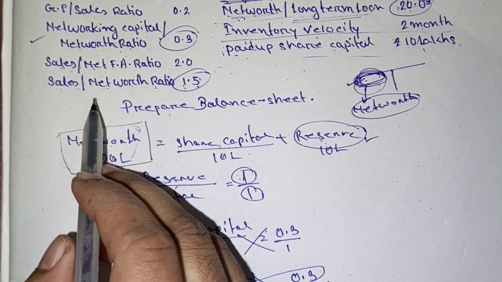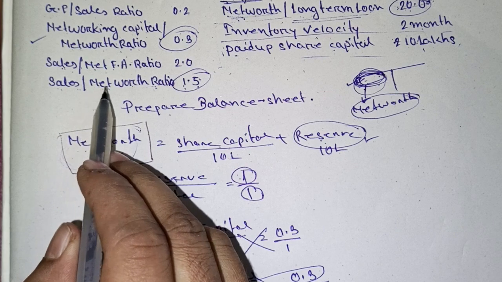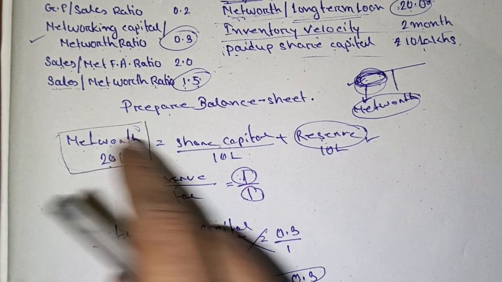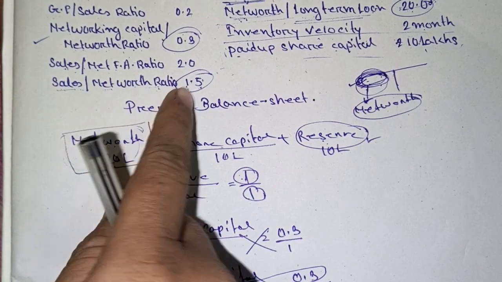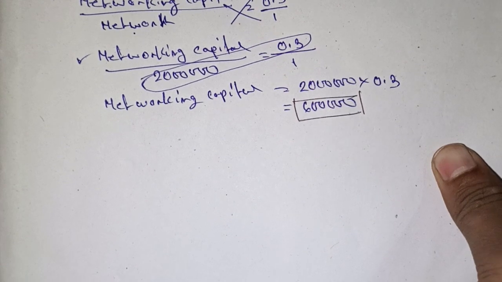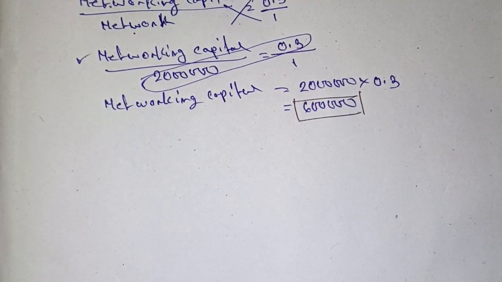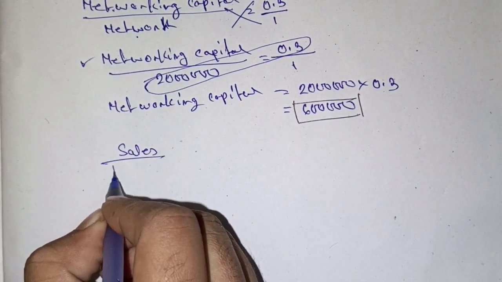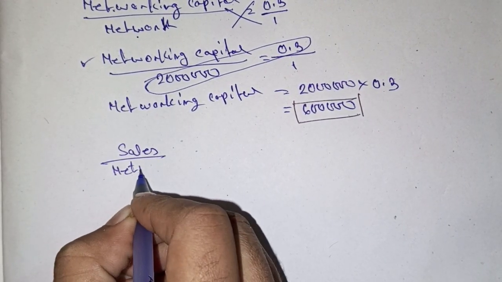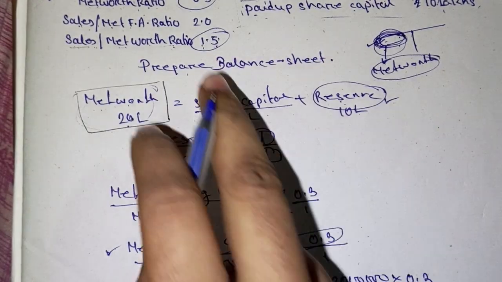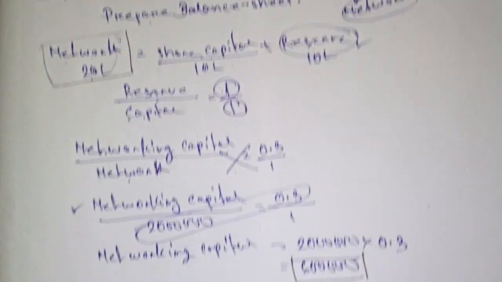Now we can find our sales by net worth. Sales by net worth is 1.5. Write it here. Sales by net worth equal to, ratio is given 1.5.